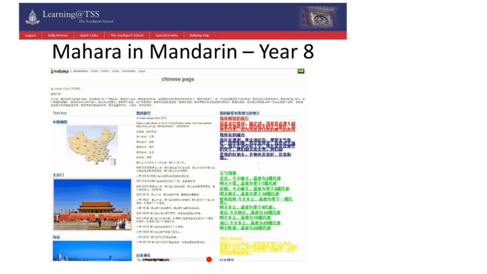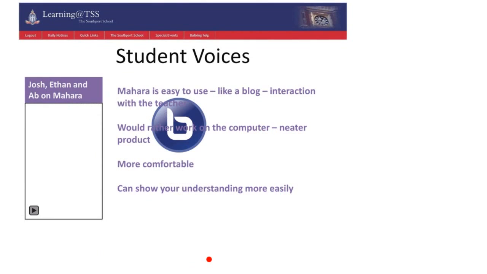So, let's start with Josh. Josh, tell us basically what have you been doing in your Mandarin lessons that's different this year? We've been using Mahara, and that's new. And it makes it easier for us to make our pages. Okay, how does it make it easier for you? Well, it's pretty easy to drag in photos and writing and all those things.